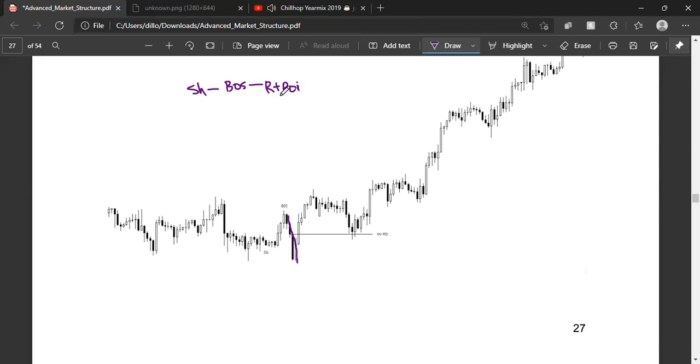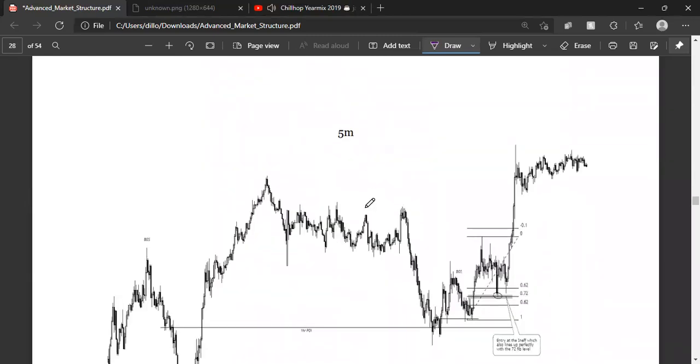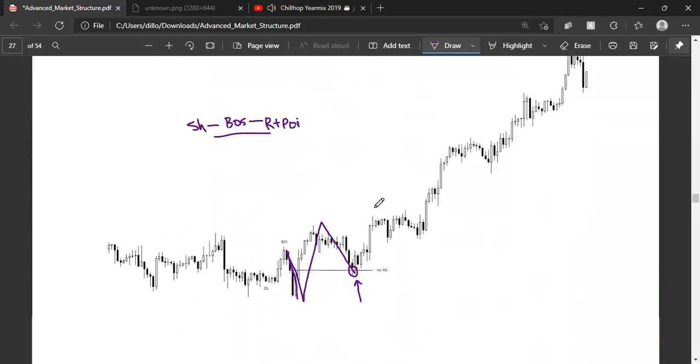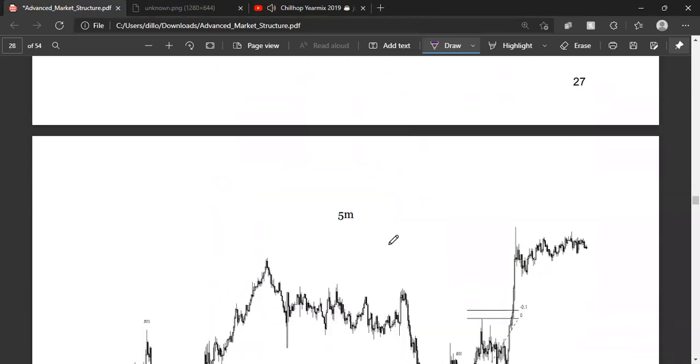Right, that's my go-to setup. So we have a stop hunt, break of structure, and a return to point of interest. Right, so we're going to look at this area on the lower time frame. So we're on the 1 hour, and we look at this area here on the 5 minute.